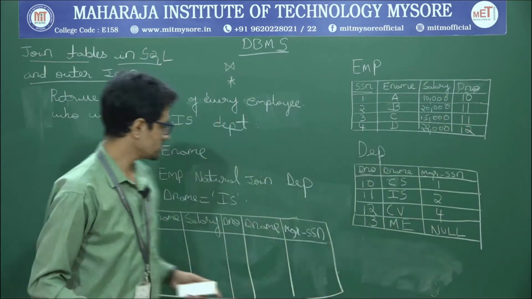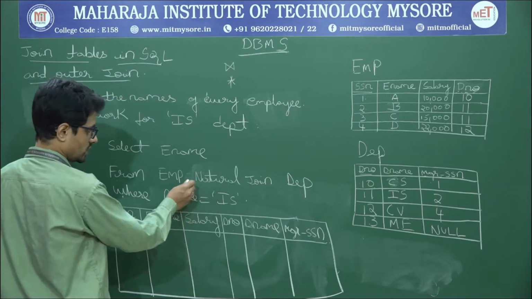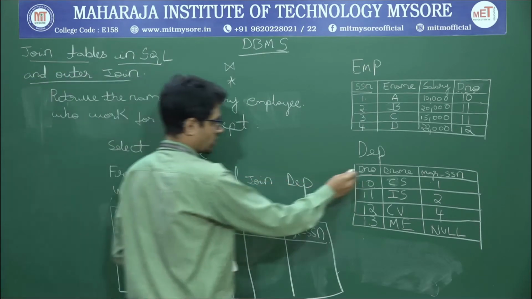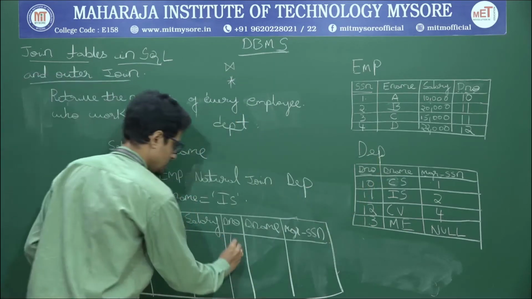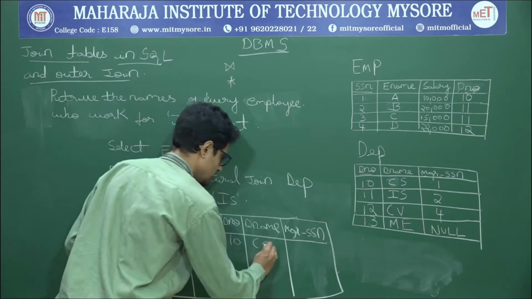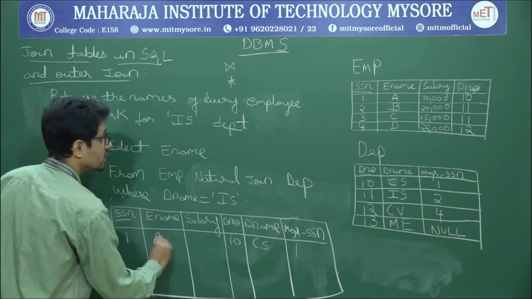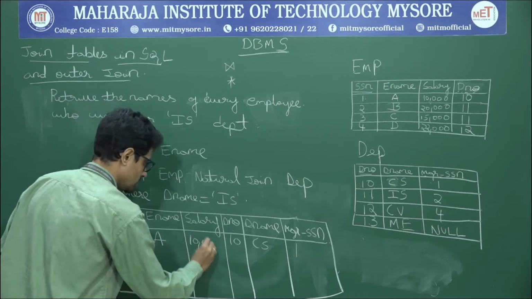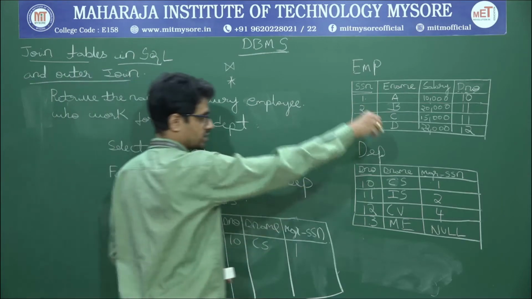So in the case of the first SSN, we are joining with respect to what? Employee, department. What is common here? Department number. So 10. First the department details have to be filled. 10 CS1. Do I have 10 there? Yes, that is 1A, 10,000. Okay. Any more 10s? No. Next 11.